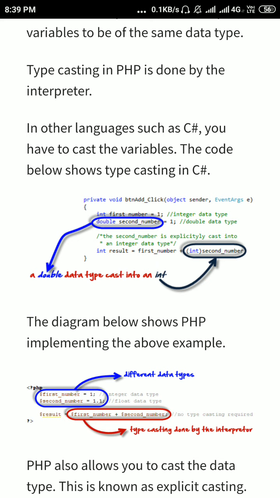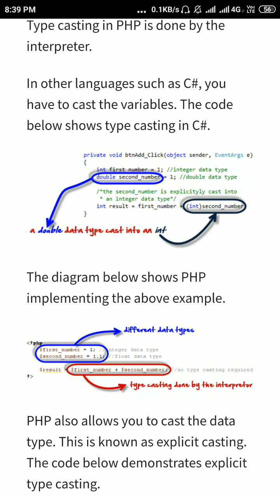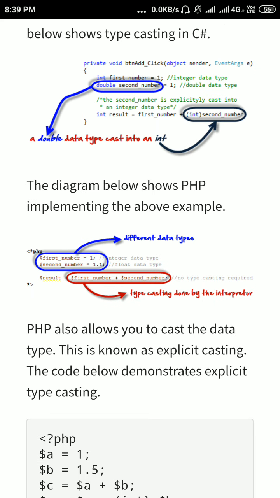But by default, PHP has the ability to convert them to the same data type with the help of the interpreter, right? So no typecasting is required here, the casting is done by the interpreter. But in another language you have to typecast manually.